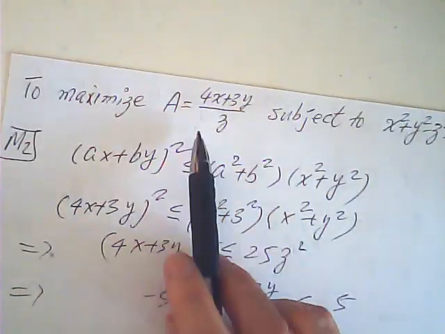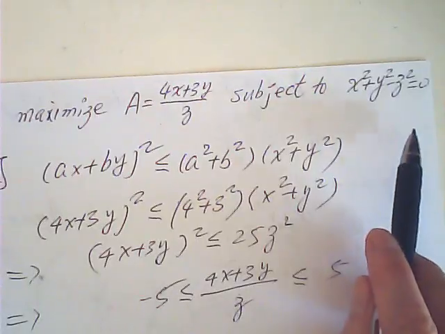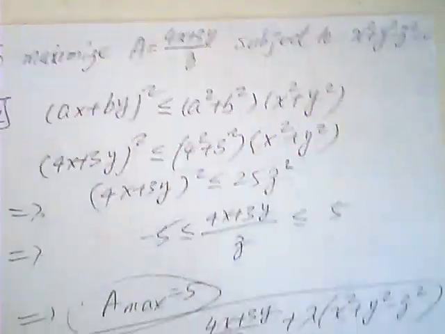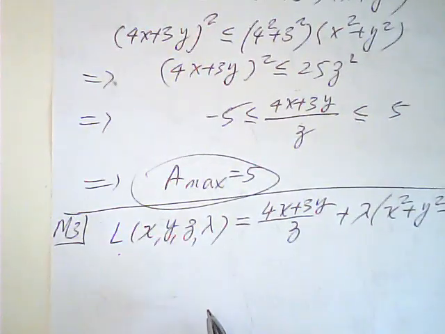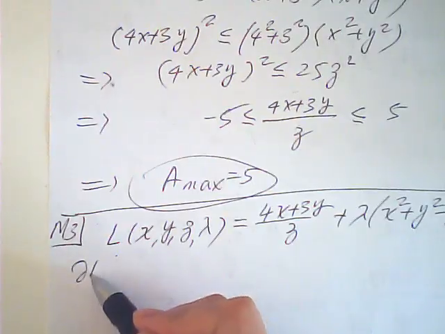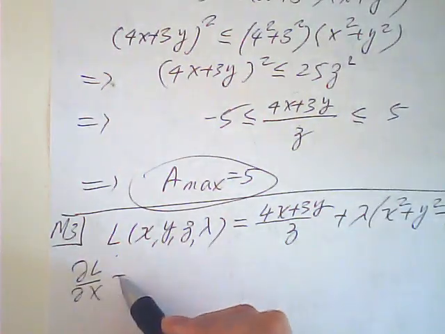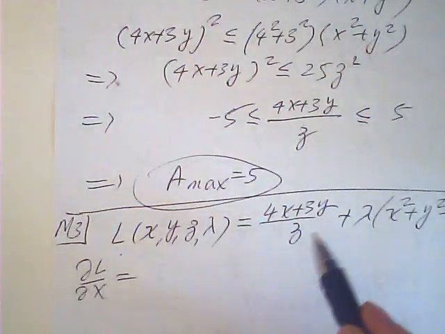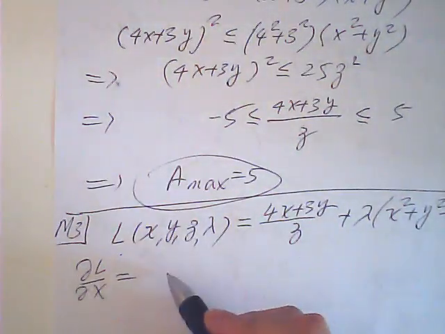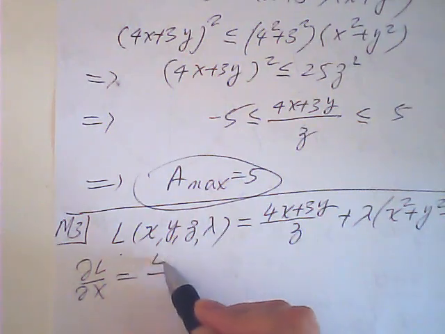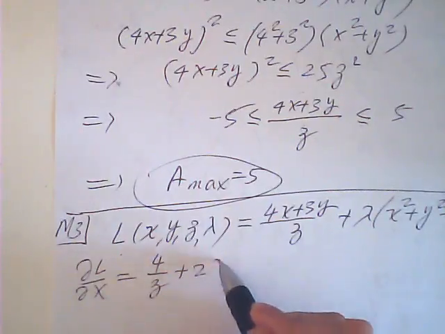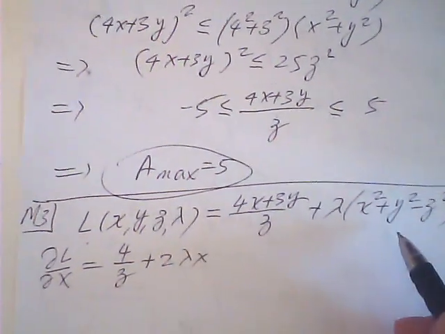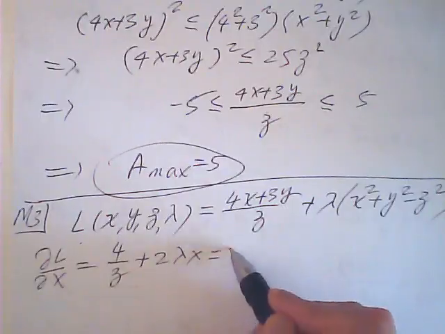Okay, this is the objective function. This is the constraint. So we have L. Then the partial derivative of L with respect to x will be 4 over z plus 2 lambda x equal to 0.